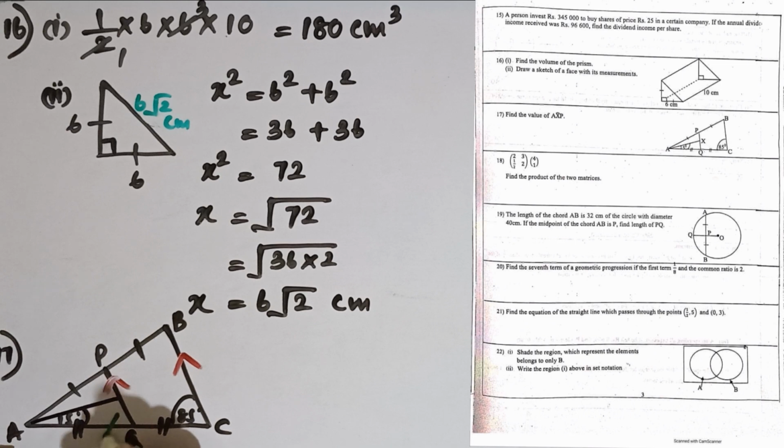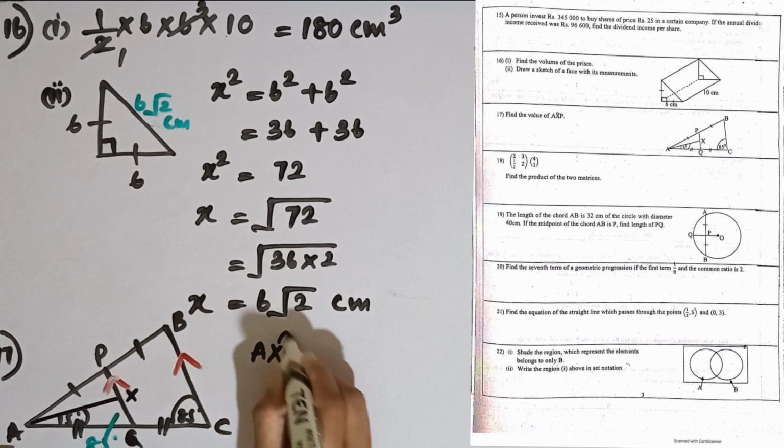This magnitude is also 85 degrees as these two are parallel. Now here this is x. We want AXP. We can find this magnitude AXQ by using the sum of the interior angles.